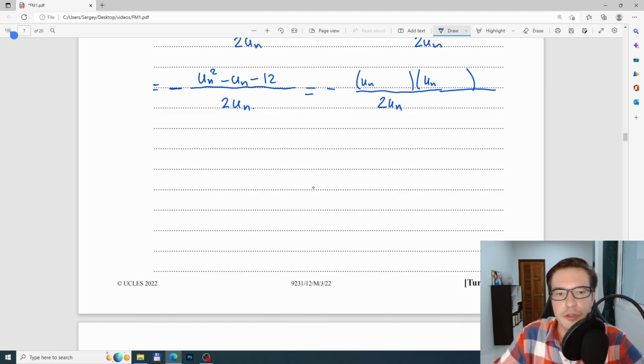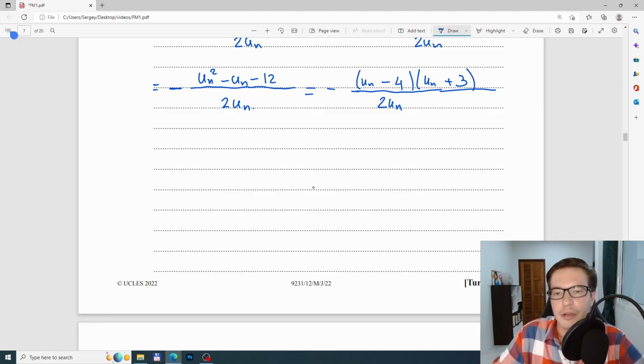And now I need the two numbers with the product of -12 and the sum of -1. And those numbers are going to be -4 and +3. Took me a bit longer than it should.